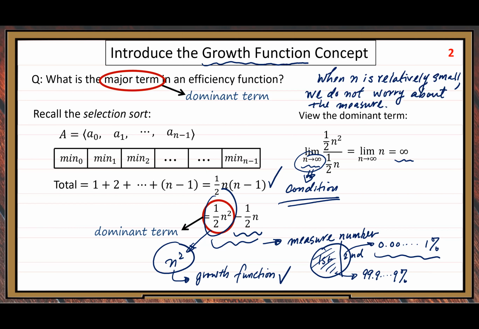So we will see this point in part C of this module. Our biggest concern is this part, when n is very, very large. That's our biggest concern.